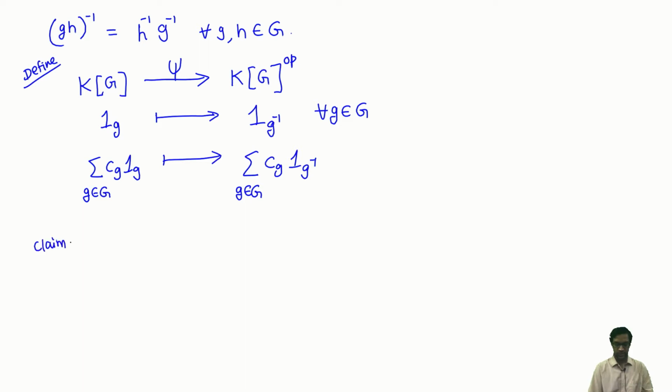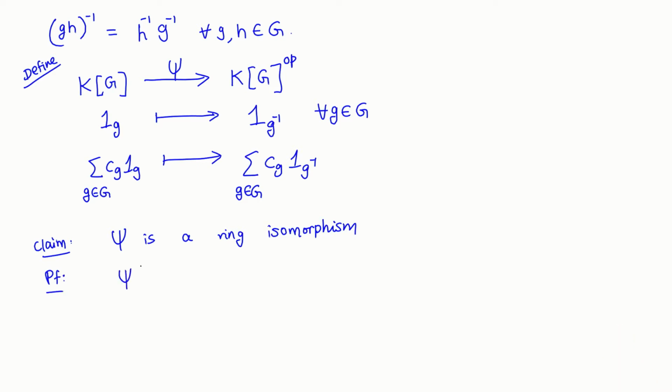So let's check all the properties. Claim: psi is a ring isomorphism. So we need to check it preserves addition and multiplication. So addition is easy, okay? Because at the level of vector spaces, it's a linear transformation of vector spaces, right?